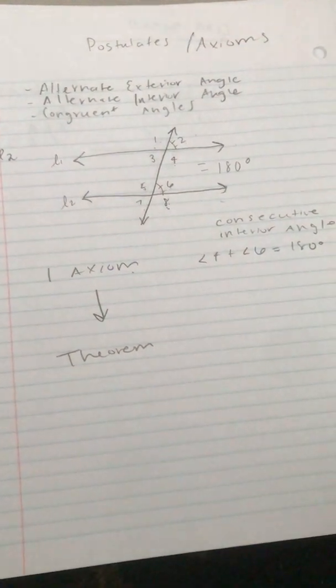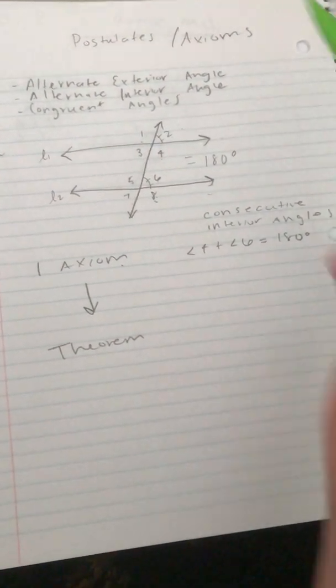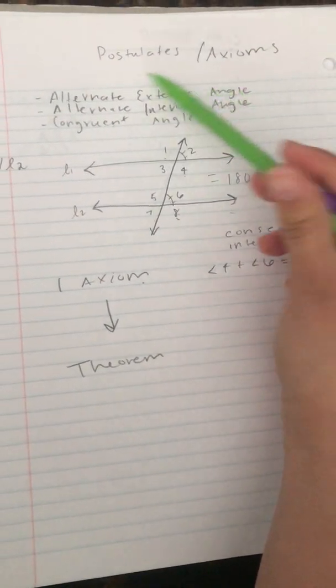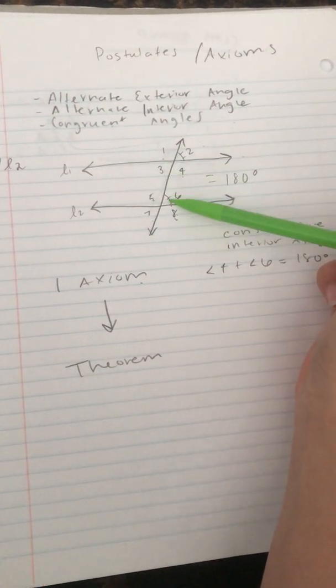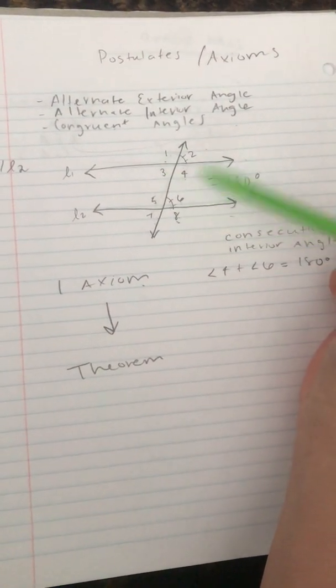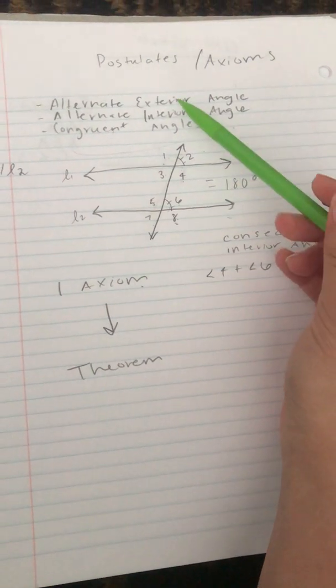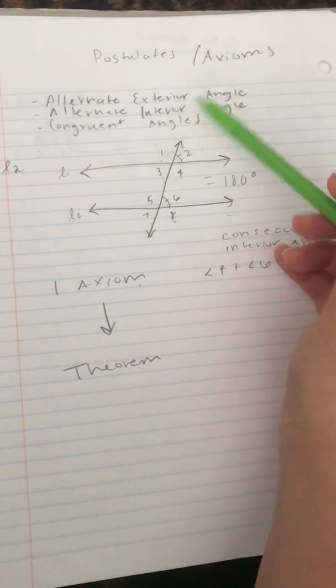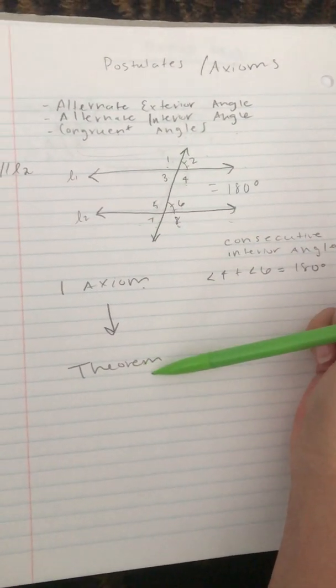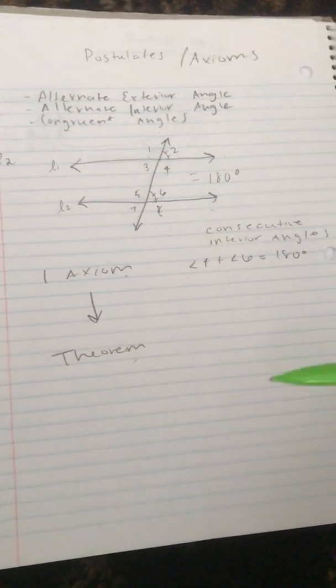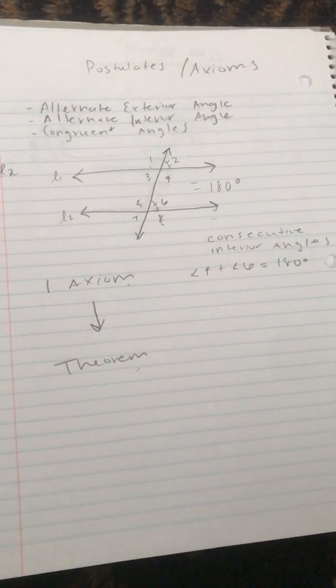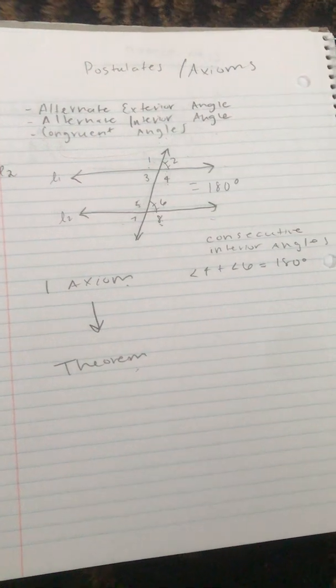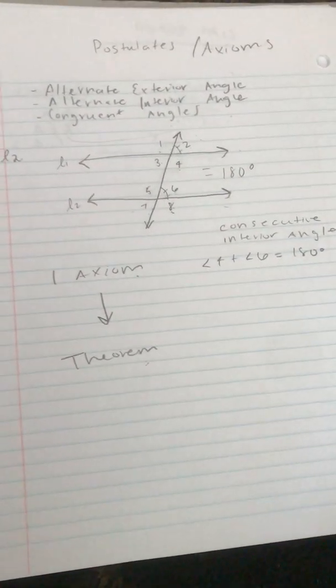You can start with different axioms because at the end of the day, they're all going to be true. All of these postulates and axioms apply to the two parallel lines cut by a transversal. So regardless of which axiom you start with, it's always going to give you the same proof. So you'll be able to prove your theorem regardless of which axiom you start with.